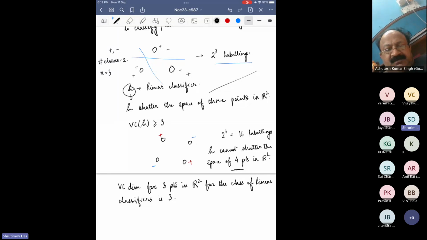So that is the concept of shattering and how we get the VC dimension from that.